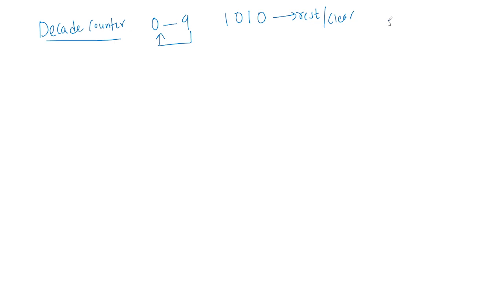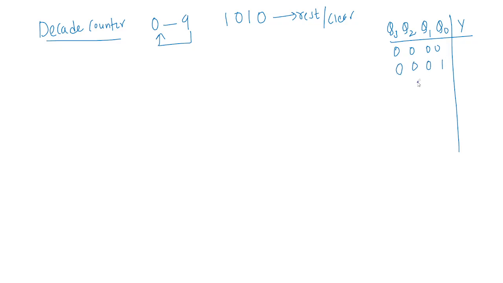Let us take Q3, Q2, Q1, and Q0. So here this is output y. 0 0 0 0, 0 0 0 1.